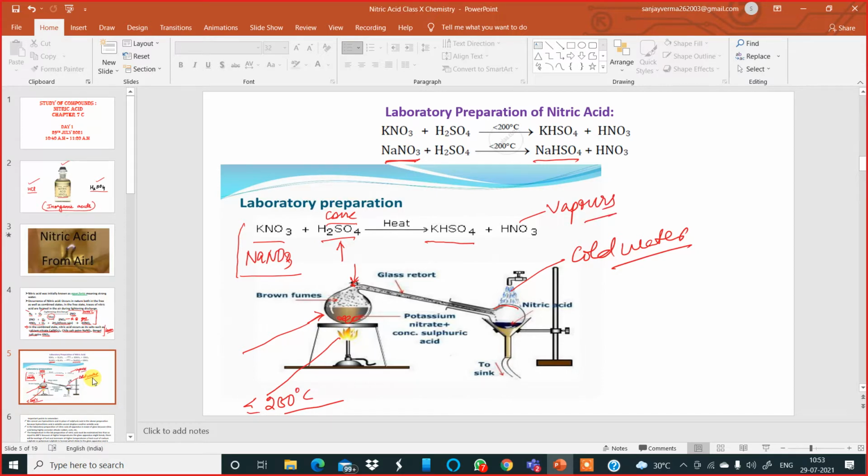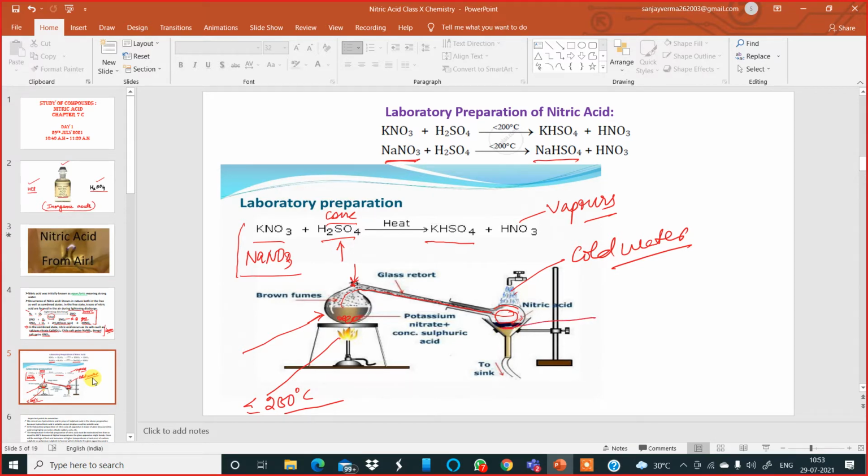These vapors rise up, enter the long neck and enter the round bottom flask, and because of cold water flowing over this flask, they condense in the form of nitric acid droplets and collect at the bottom of the flask.